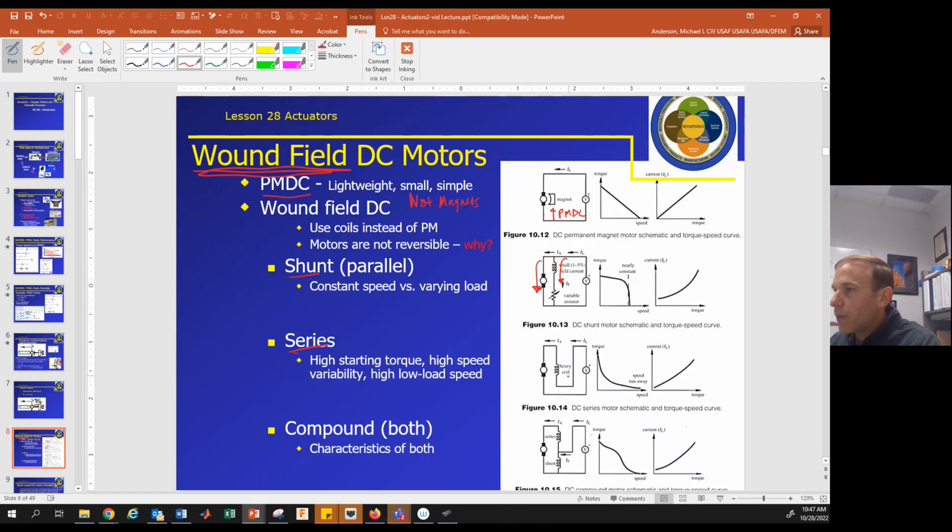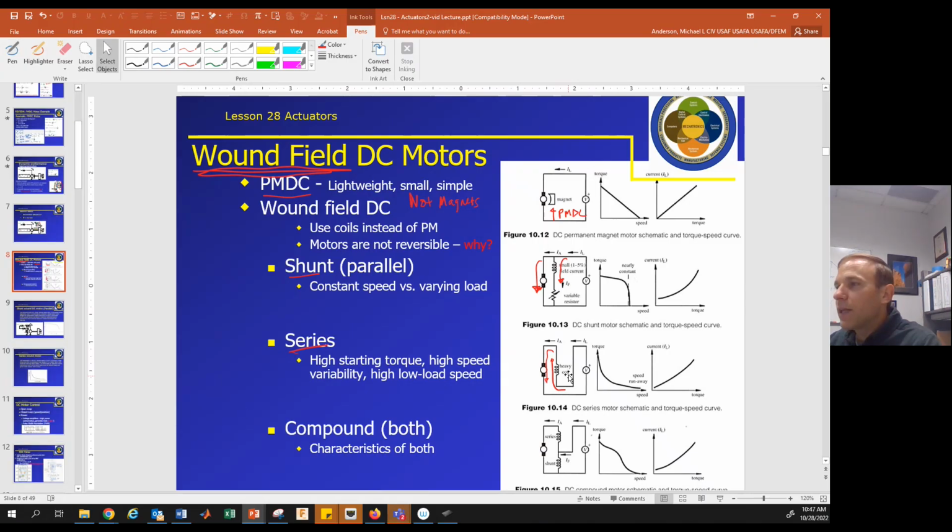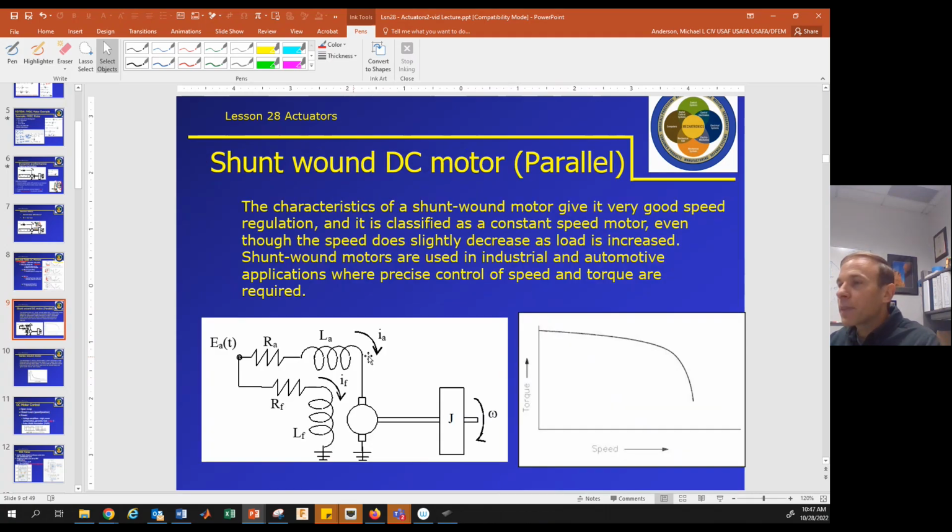In a series wound, current's flowing this way through the coil, then it's making a turn and going that way through the rotor. So, okay, who cares? Well, this would be really interesting if you're into designing motors, which we're not going to do, but what I want you to be aware of is the fact that these give you different characteristics. So this is the shunt wound, where the current is flowing in the same direction in both fields. That's current through the rotor, that's current through the field.